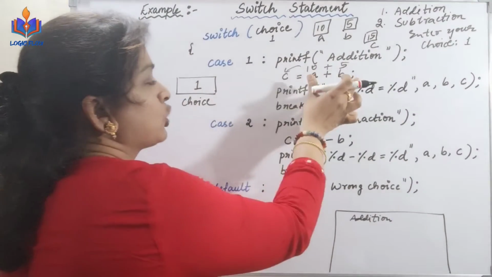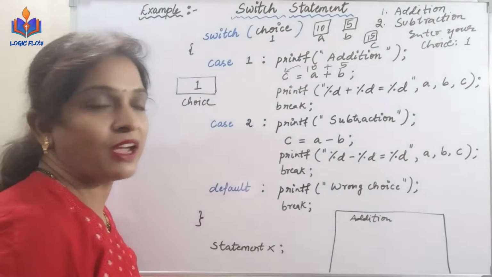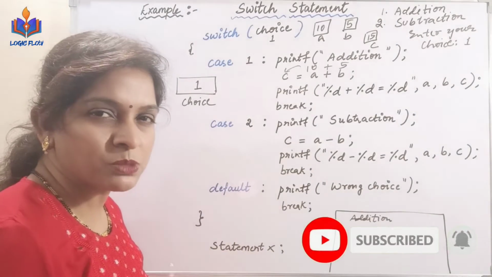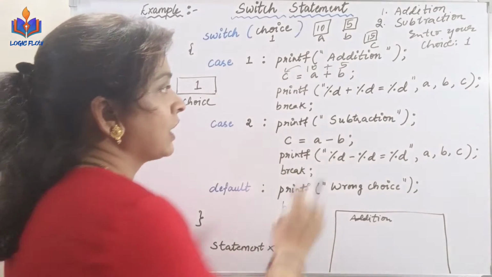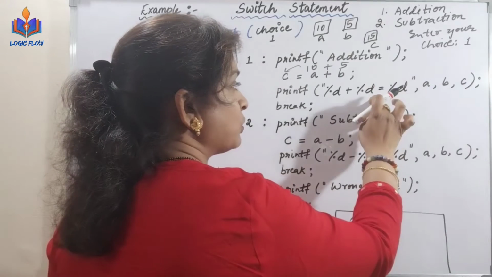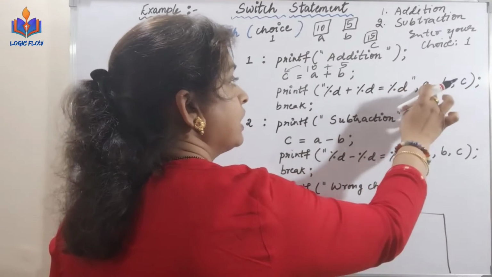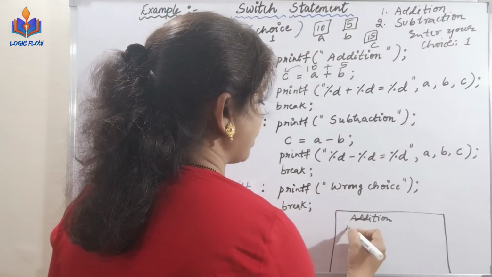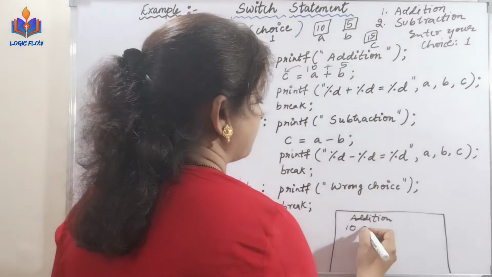So here that computation will be done. 10 plus 5, the result 15 will be stored in c. I am just displaying that in a different way. I say percentage %d plus, percentage %d equal to, then percentage %d. The first %d gets the value from a, so I get the output like this, 10 plus.